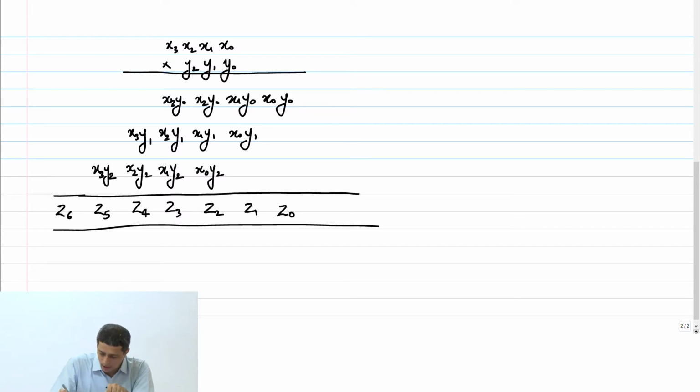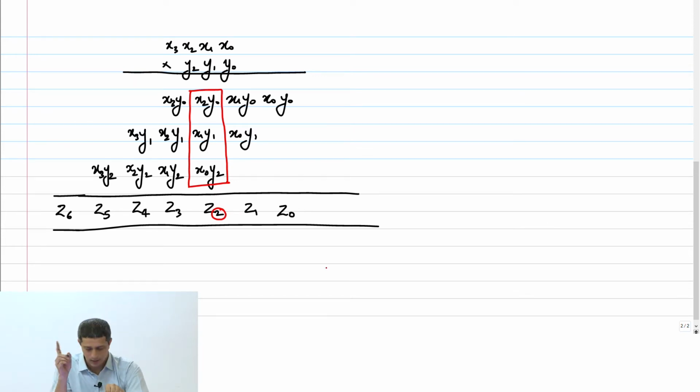Now what do you notice here? This z2 is nothing but the addition of all the terms whose product is such that i plus j is 2. If you look at x2 y0, x1 y1, x0 y2, the sum is always 2. That's how we grouped it in the earlier summation as well.